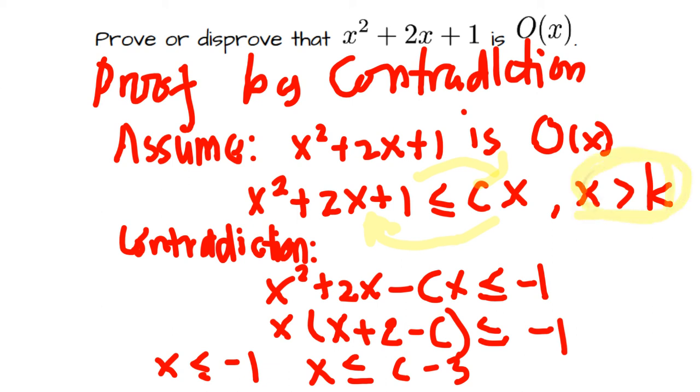So let's check: 2 transposed becomes negative, so it's negative 3, and c transposed becomes positive.